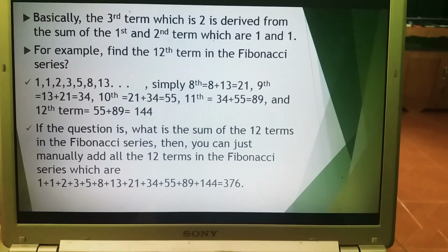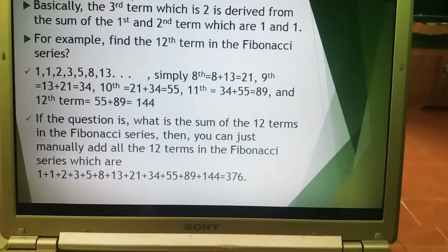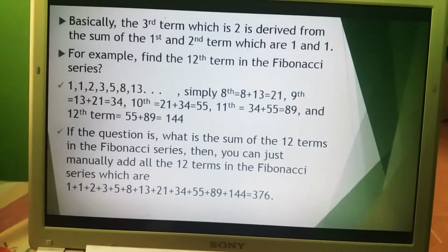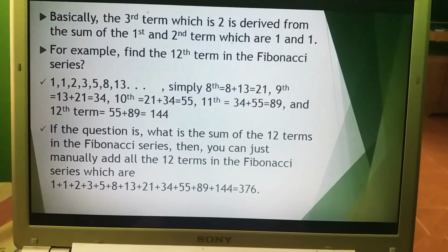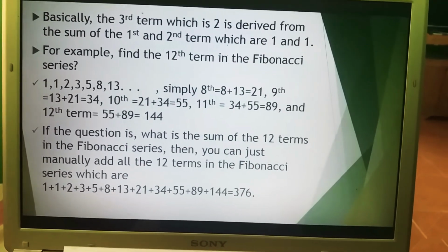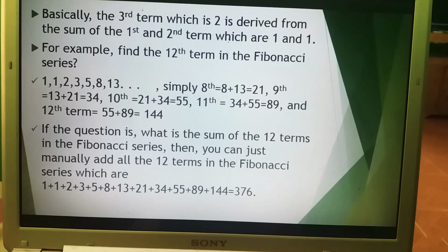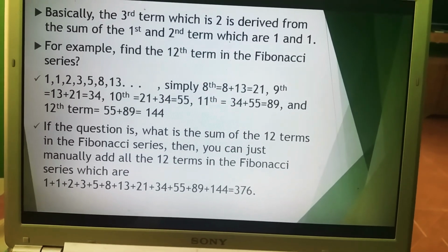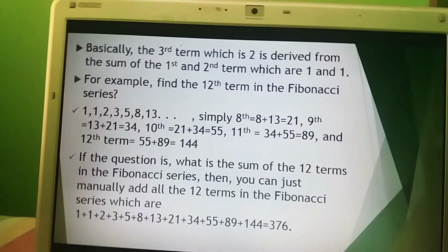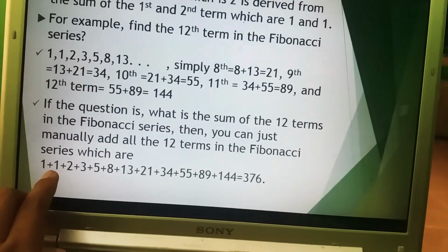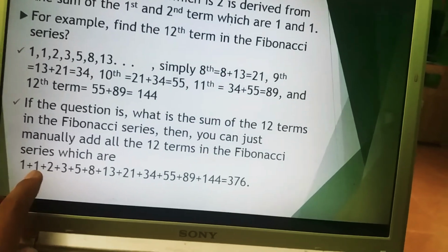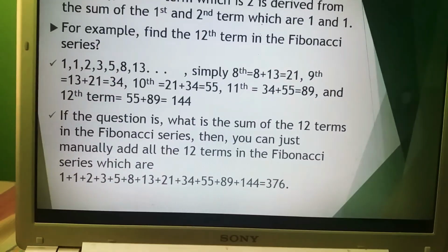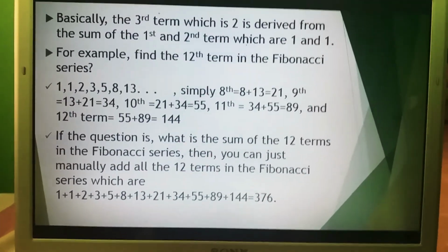Fibonacci series is a very unique series, kaya you can just manually solve for it. Ayun. Kailangan mo lang i-add yung dalawang una para makuha yung pangatlo. Ganun lang kadali.